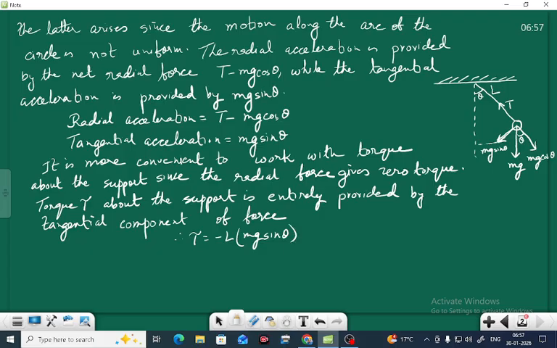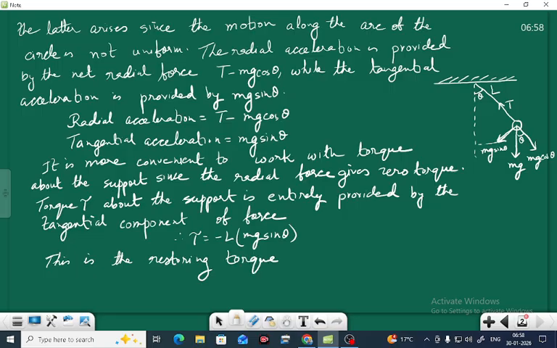So the torque along this is L, this is the length L, into mg sin theta, and negative. This is the restoring torque, remember this one.